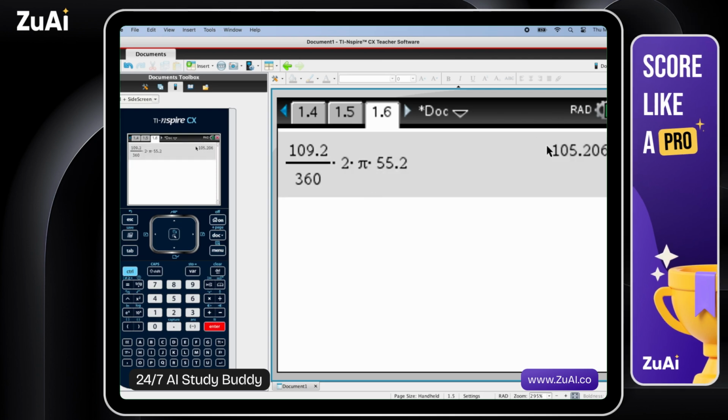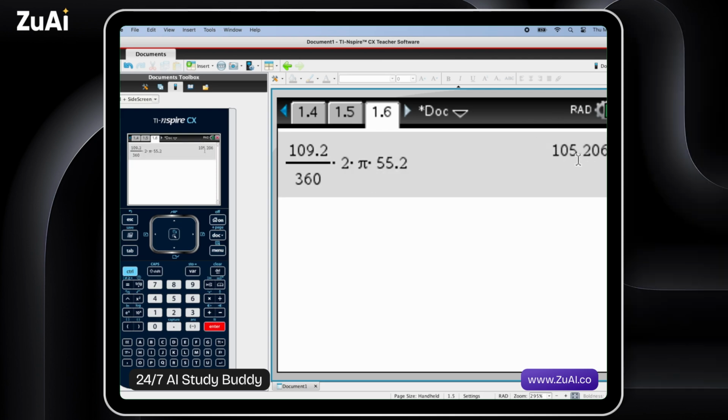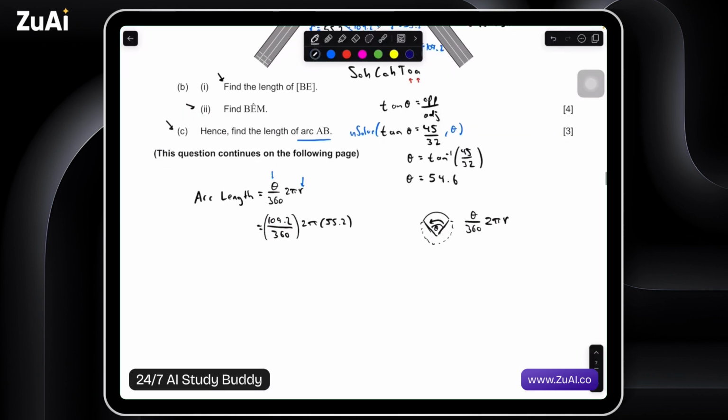This would be our arc length, 105.206. Let's go back to the document. 105.206 to 3 sig figs will just be 105. Okay, let's keep going.